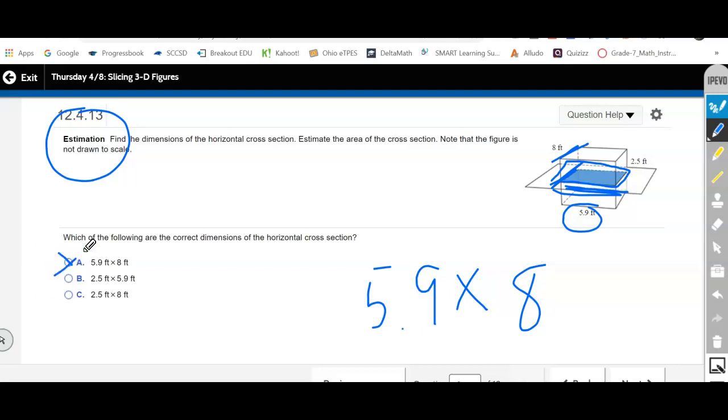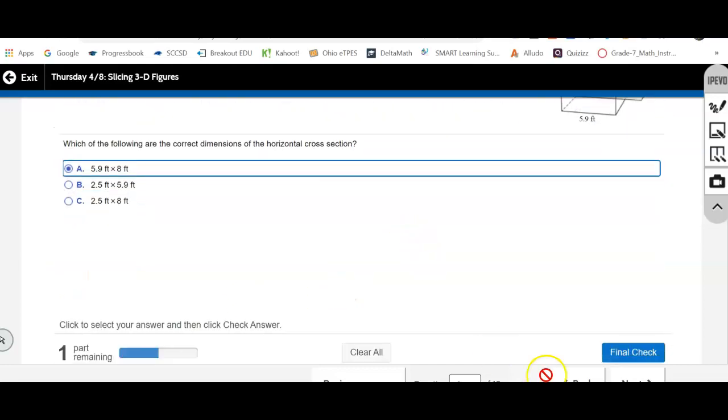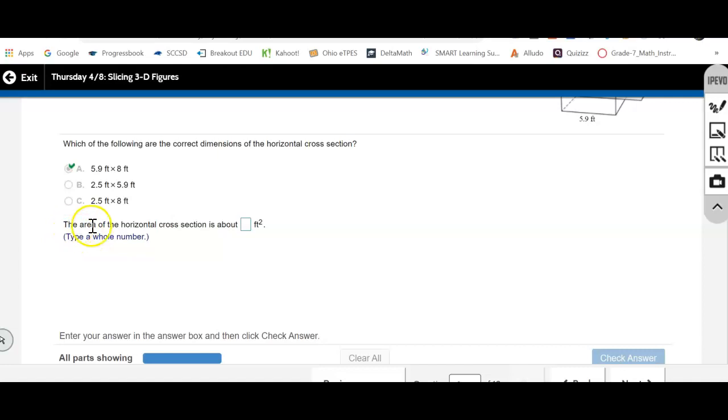Then it would say, okay, what is the, I can't remember the wording. Let me look here. Final check. Okay. Now look at what it says. It says the area of the horizontal cross section is about what?